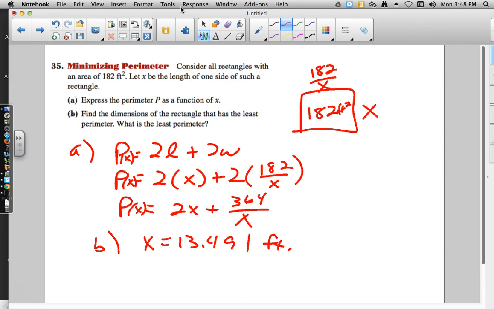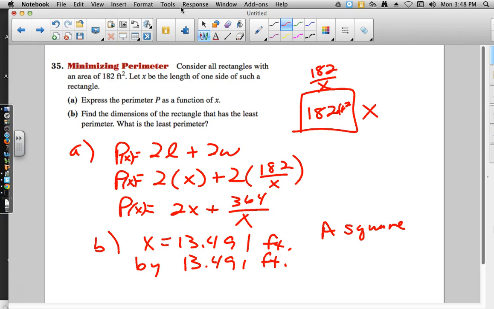So we'd take 182 and divide it by 13.491, and no shock here that we get 13.491. It's a square again. So the dimensions of the rectangle that has the least perimeter are 13.491 by 13.491 feet.